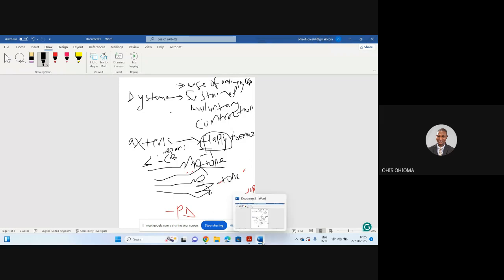The next one we're going to talk about quickly is chorea. Chorea is very important because it's very high yield as well. So chorea can be defined as a sustained, a lot of them are sustained.